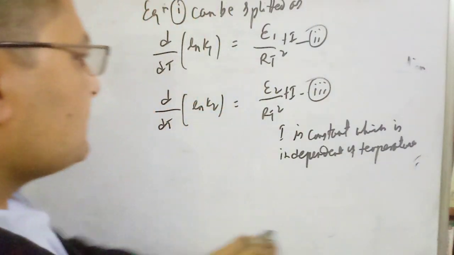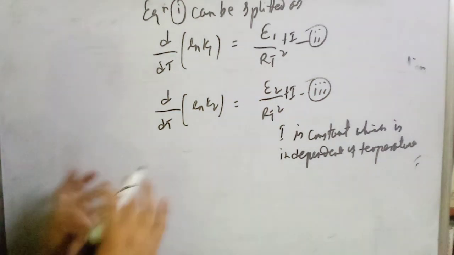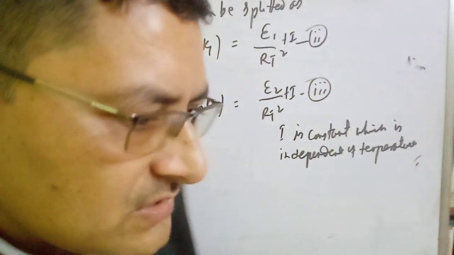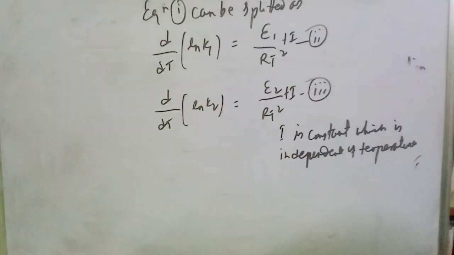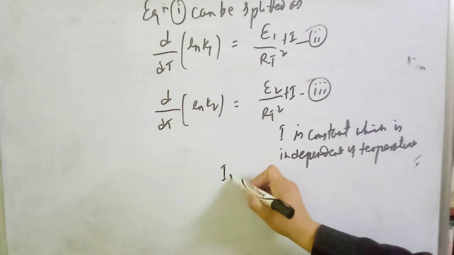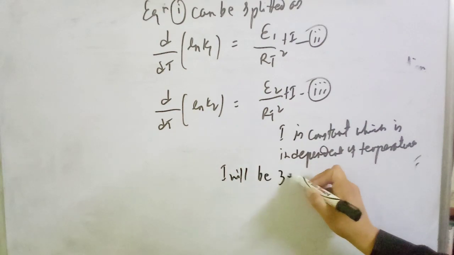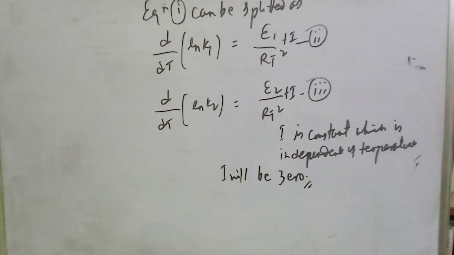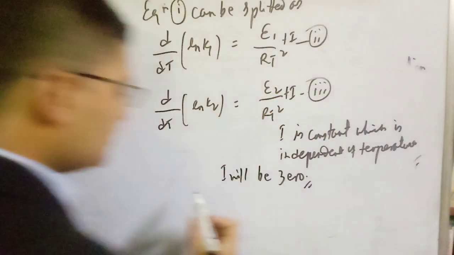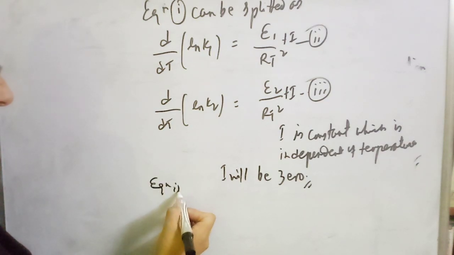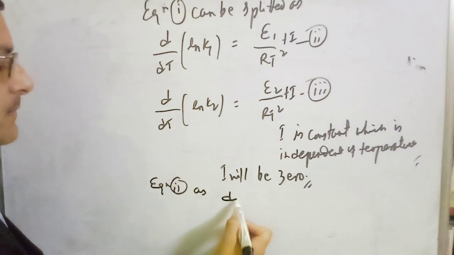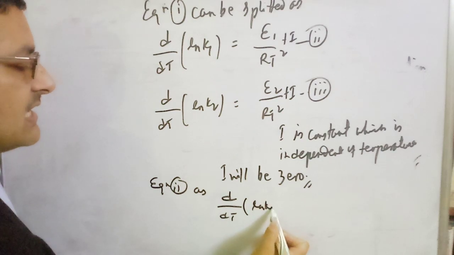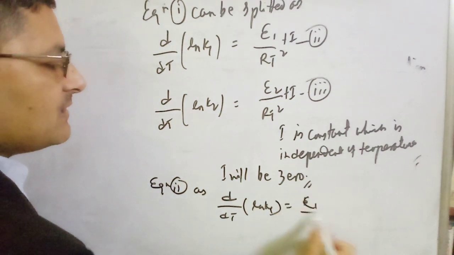Students, up to this much you can get. I have already separated the Van 't Hoff equation after simplification. I will be 0, because that is a temperature independent term. If we leave out I, then you can easily write equation number 2 as d upon dt ln K1 equals E1 upon RT square.